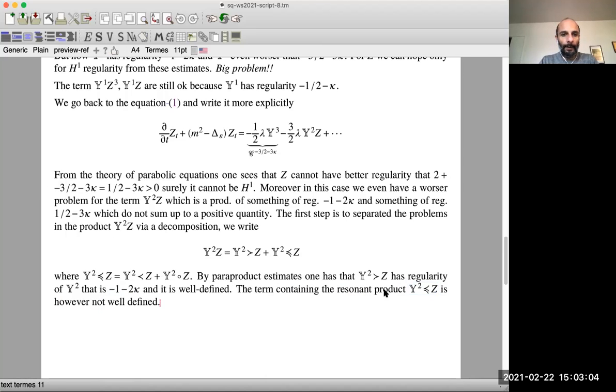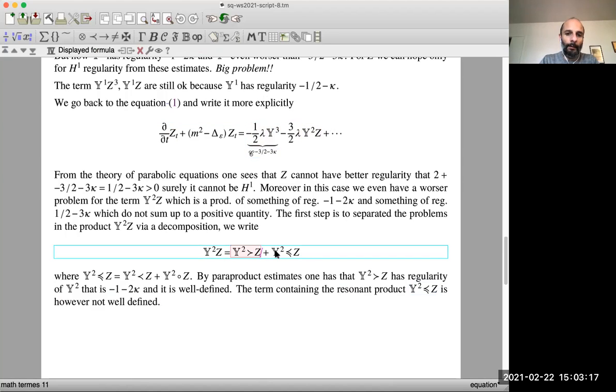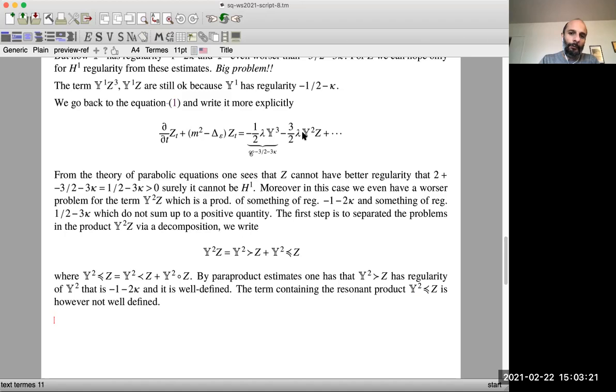But at this point I have a nice decomposition. So remember that. So here we have z to be made by this term, and then by something which depends on z again, and then something else. But you see, everything which depends on z, somehow it's linear.